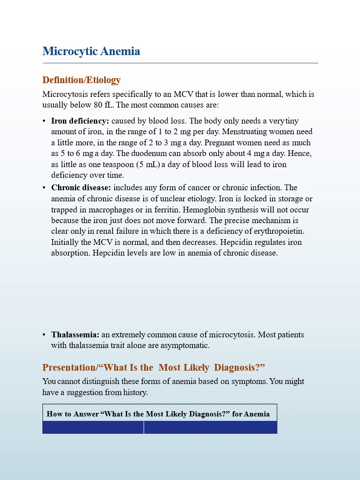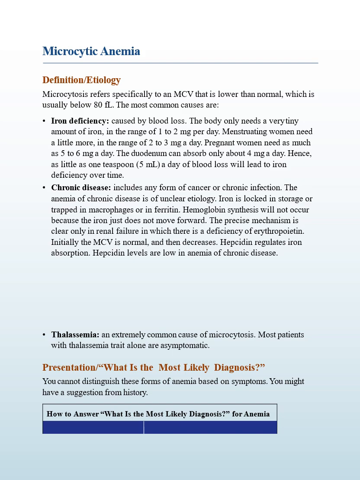Iron deficiency, this is when we have a blood loss. We need to know that our body needs a very tiny amount of iron, usually 1 to 2 milligrams per day. Menstruating women usually need a little bit more, between 2 and 3 milligrams per day.